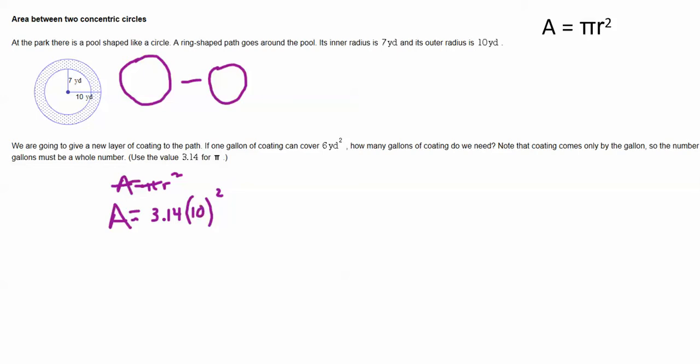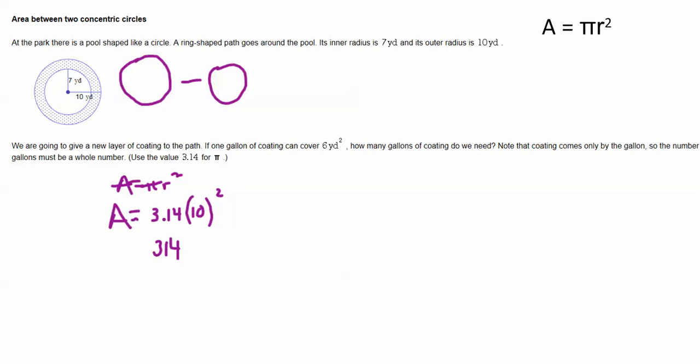And then we have the 3.14 smushed against the parentheses, which means to multiply, and we have an exponent. In order of operations, the exponent wins out over multiplication, so we have to do 10 squared first. 10 times itself is 100, and then 100 times 3.14 is 314. Okay, so the area of the large circle is 314.